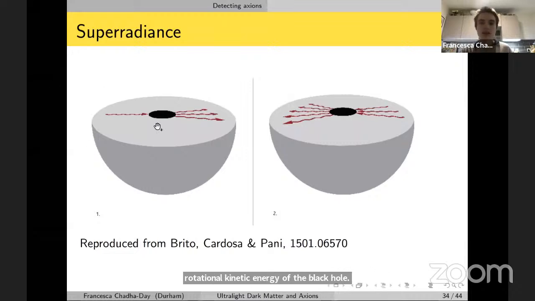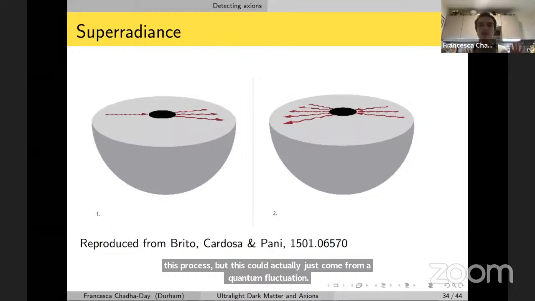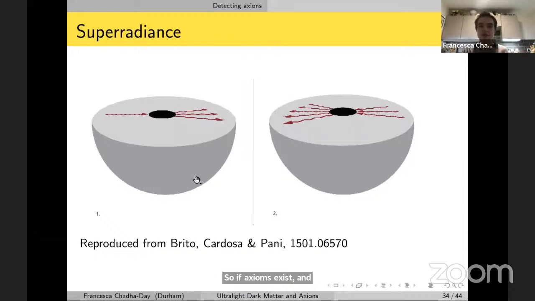Of course, you need an initial seed axion for this process, but this could just come from a quantum fluctuation. So if axions exist and you have these spinning black holes, you would see these axions build up around the black holes. And as that happened, the black hole would spin down, so its rotational energy would decrease because it was all going into the axion field.